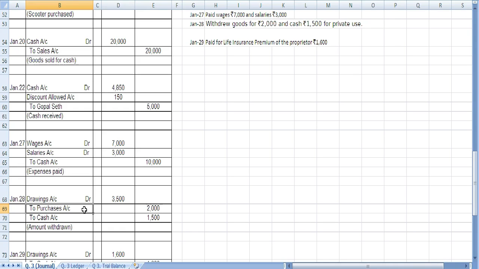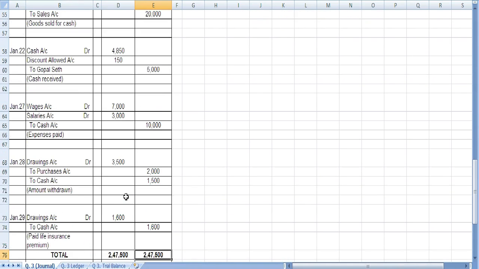It is not sold out, but it has been reduced at the cost price, so we will credit the purchase account, and cash goes out in terms of private use. So 1,500 is the cash withdrawal and 2,000 is the goods withdrawal. So together we have a drawing of 3,500 amount withdrawn.